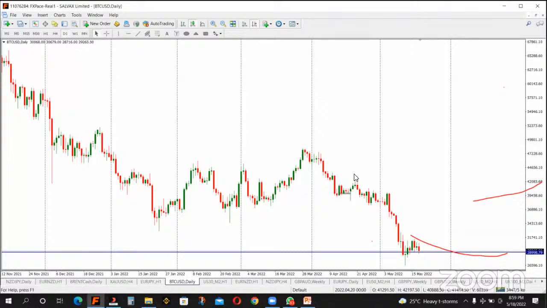Now, a position trader uses 50 period moving average and 200 period moving average. A position trader is somebody that leaves his trade for at least a month.